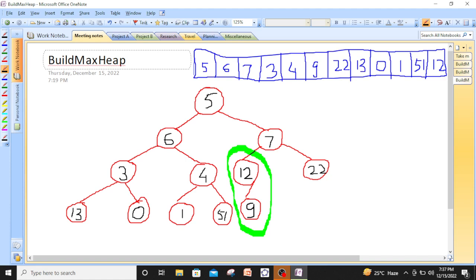Now we go for the next node. If you remember the first enclosure, then the next node to be max heapified will be 4, and so I have to take the node 4 with its children.